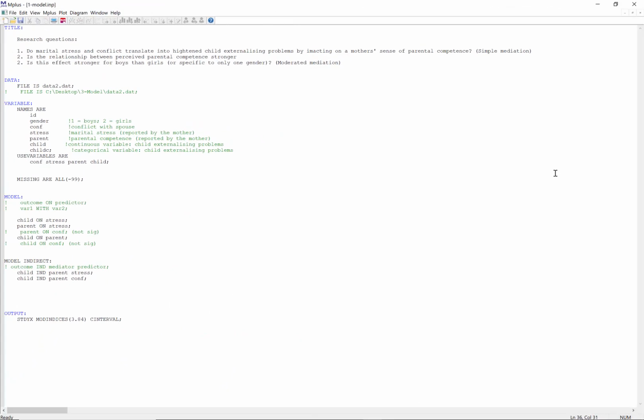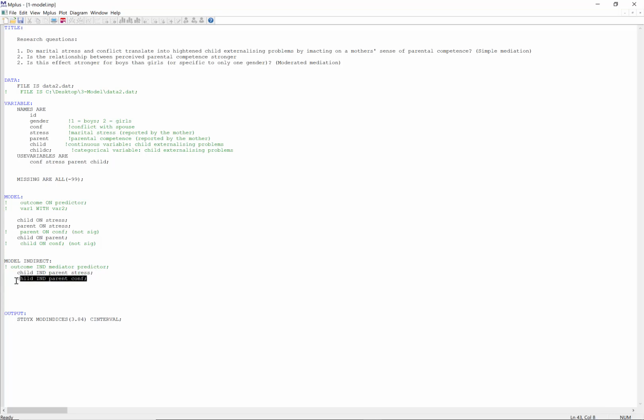So the reason that line appeared is because down here we still kept this path in. In fact, we really shouldn't have, because we no longer had one of the parts of the mediation. We didn't have the path that connected the mediator to the predictor.